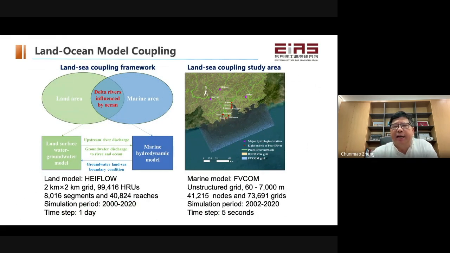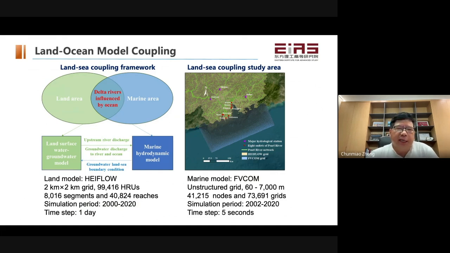Because our study area is a coastal area, one more complexity is the ocean dynamic. The ocean dynamic and tidal effect impact how much nutrient can discharge into the ocean, right? So the boundary conditions are important.